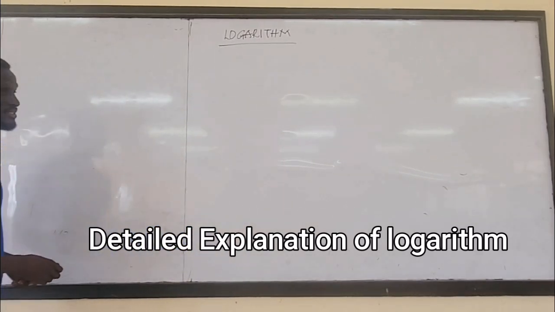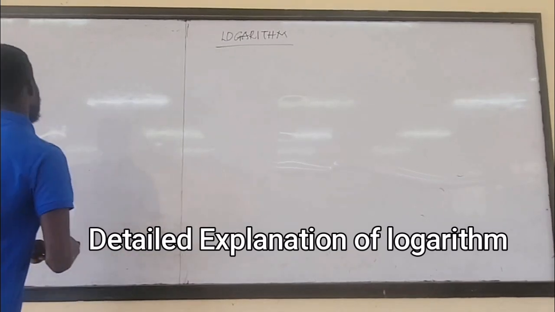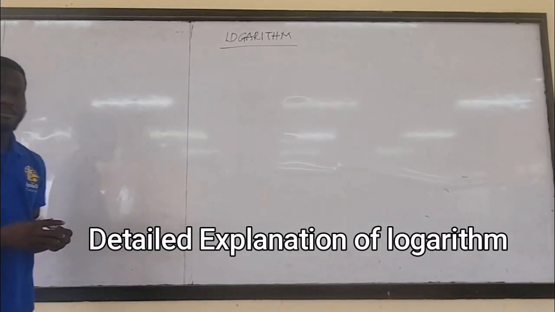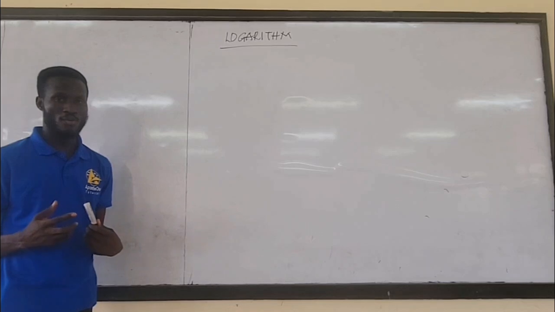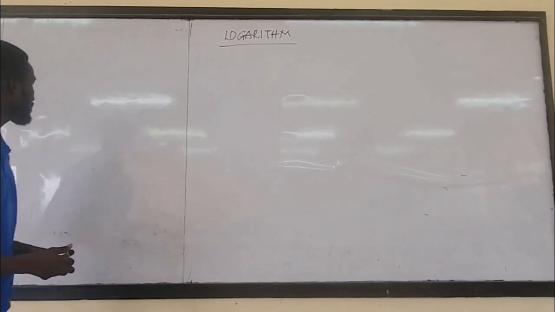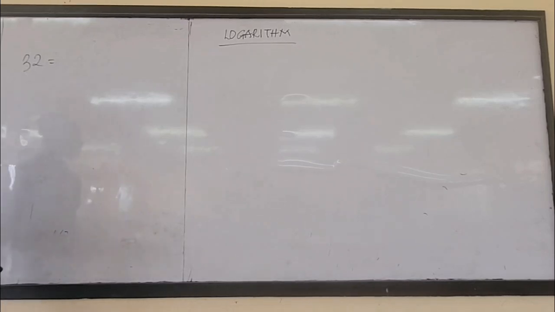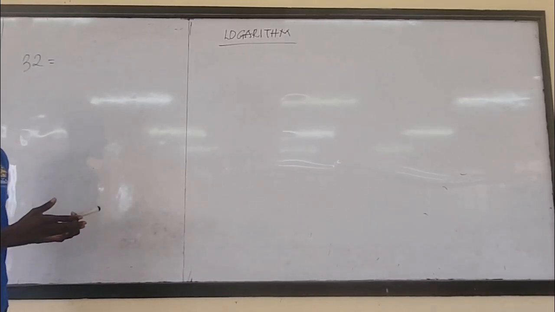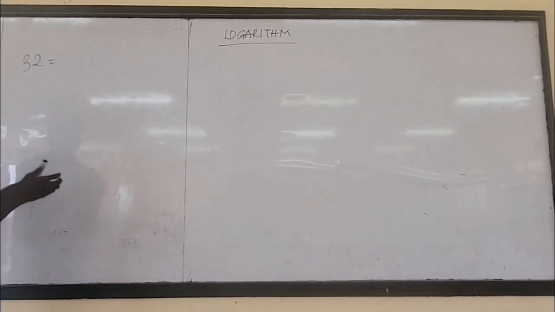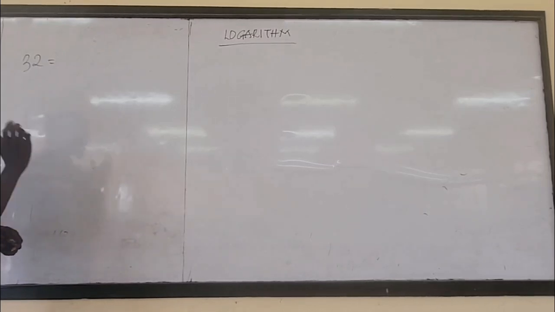From indices, we know that we can express a number in index form or exponential form. For example, if I have 32, this 32 can be expressed in index form. That is a number that can multiply itself to get 32.